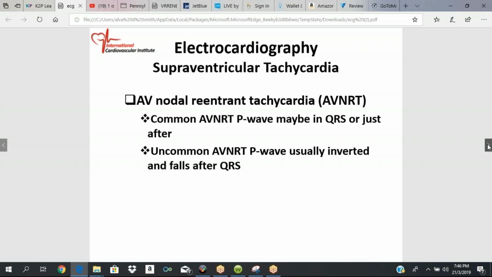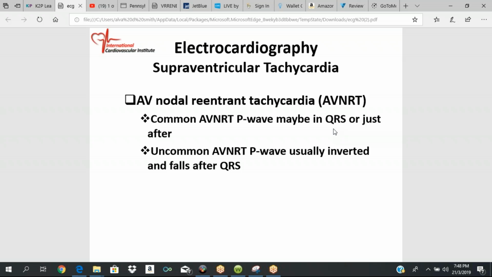So again, there are two types, the classic and the uncommon, so you have the common type and the uncommon type. The thing about AV nodal reentry tachycardia is the rhythm is a regular one.